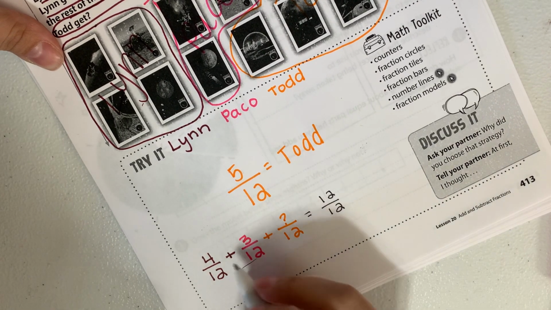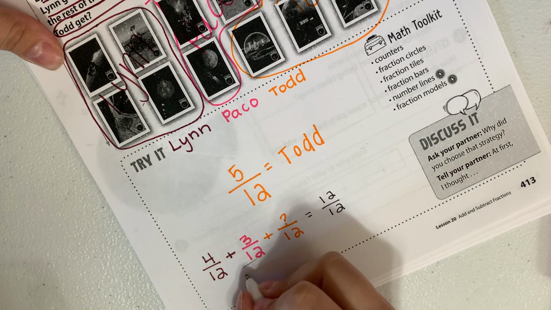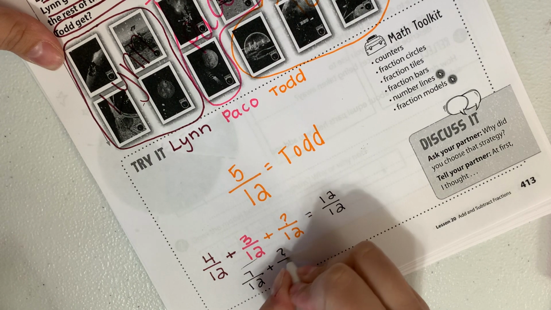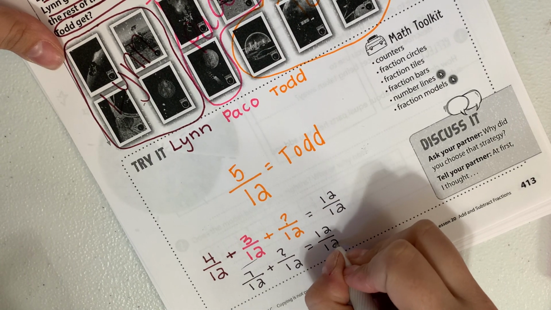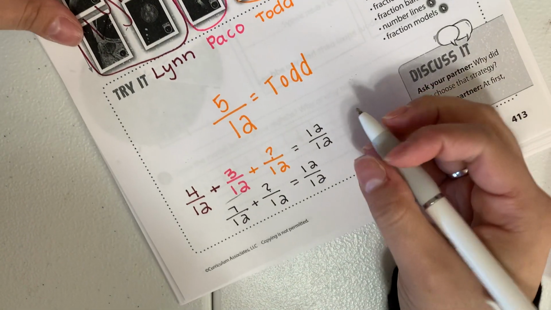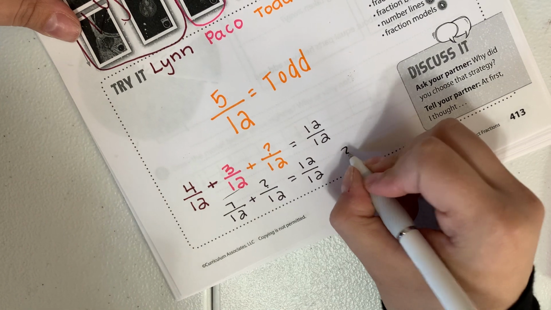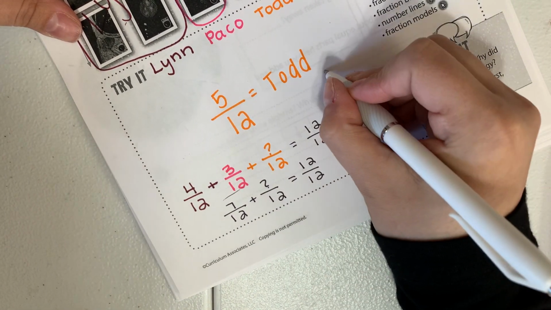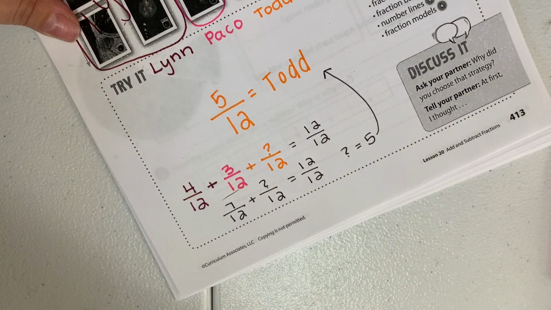So then we can add 4 plus 3, which gives us 7/12 plus whatever Todd has over 12 is going to give us 12 over 12, right? We have to account for all of them. So then we can say, okay, 7 plus what gets me 12? That means the question mark is equal to 5. So Todd's fraction is 5 over 12, okay?